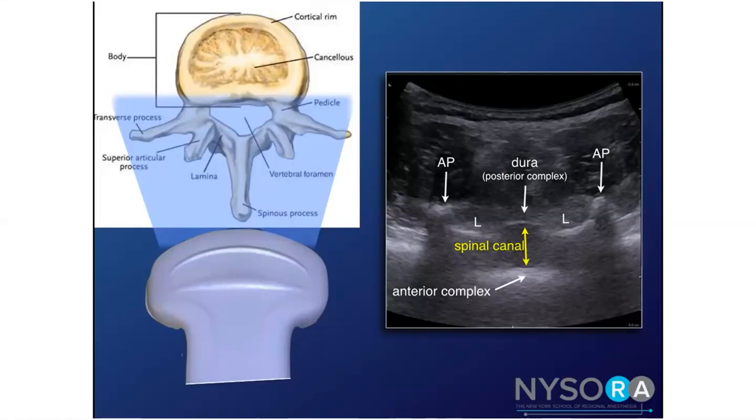Lateral to that, you have your lamina, followed by your articular processes. One can still appreciate that there is a remnant shadow of the spinous process. This can still help you with identifying the midline, even though now you have better information as to what lies beyond.